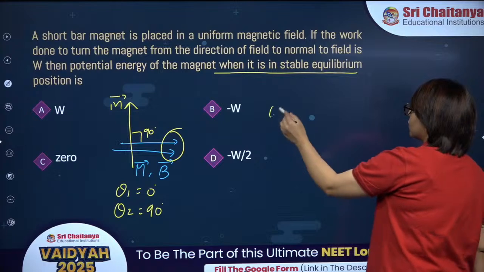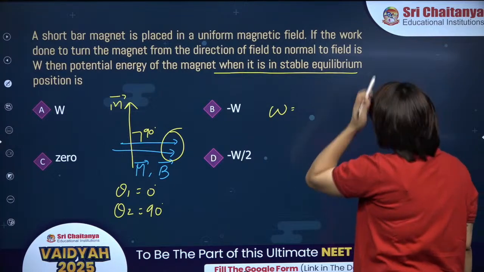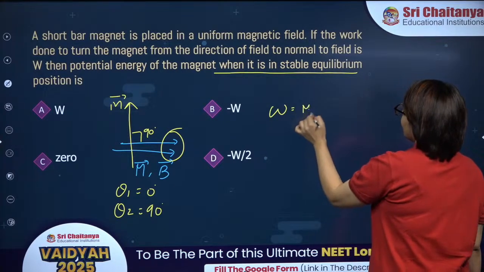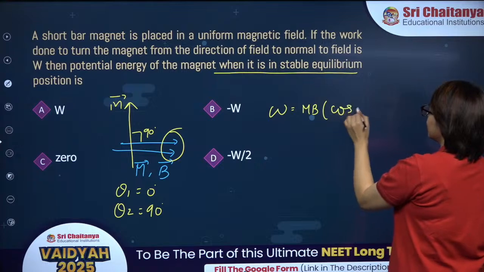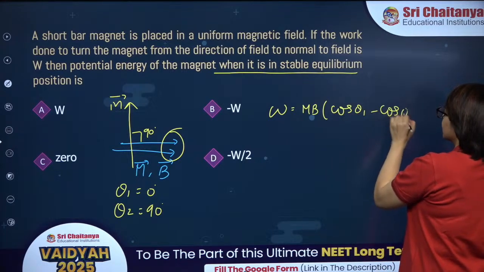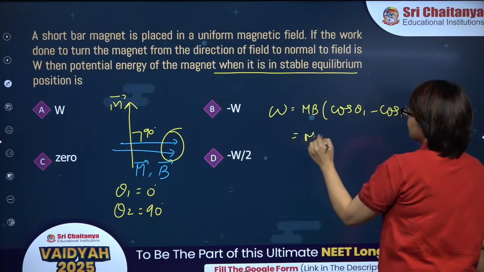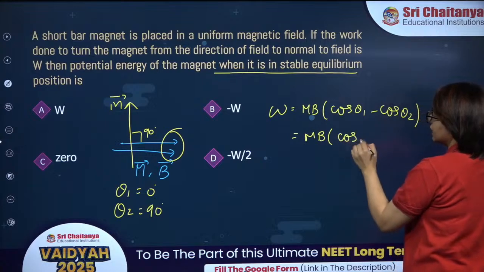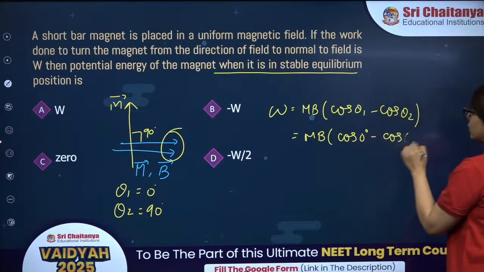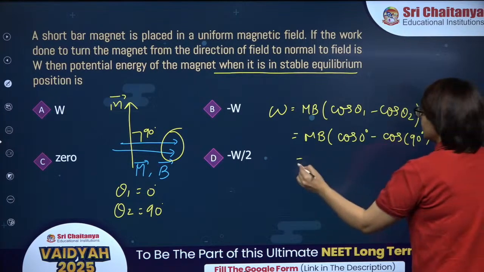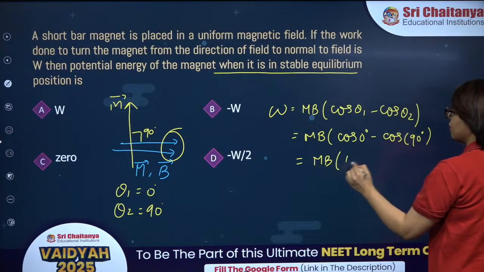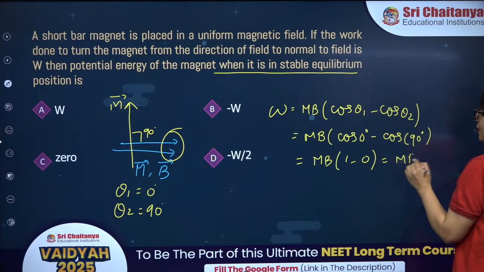Work done in rotating the bar magnet is MB into cos theta 1 minus cos theta 2. So it is MB, cos theta 1 is 0, minus cos theta 2 is 90. So it will be MB into 1 minus 0, which is equal to MB.